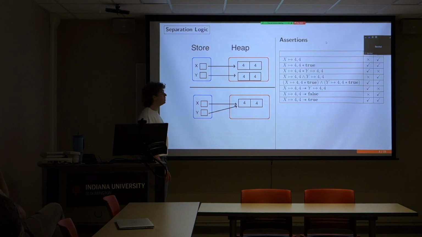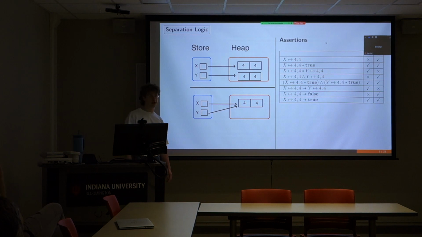This is a more telling example for how the assertions evaluate according to the state of memory. So you have two scenarios. The top scenario where we have two variables x and y pointing to disjoint consecutive cells, and the bottom scenario where x and y point to the same two consecutive cells. So if you look at the top assertion, we have a variable x that points to two consecutive cells, both containing 4.